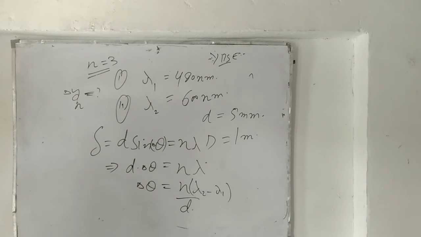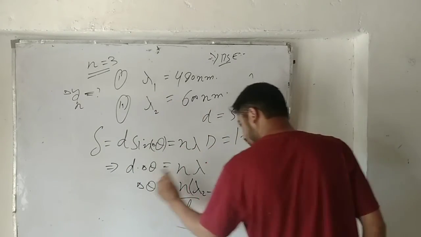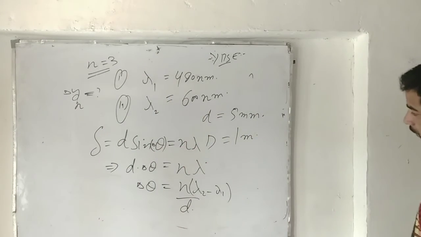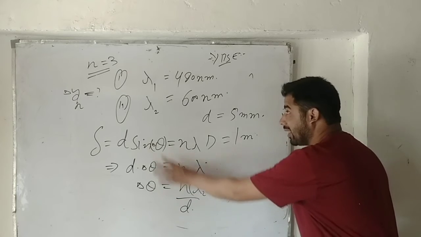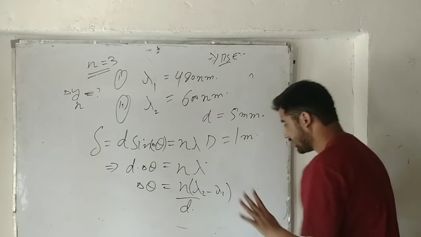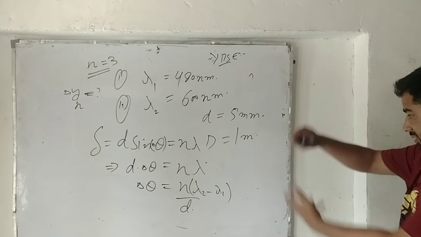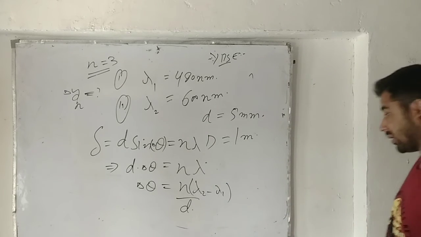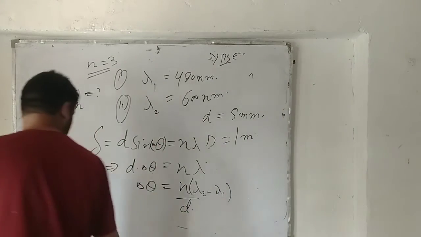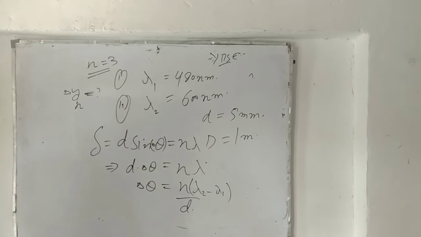The change in angular fringe width will be n over d times the change in wavelength, because n and d are the same, but the wavelengths from the different sources are different. So we got this condition.